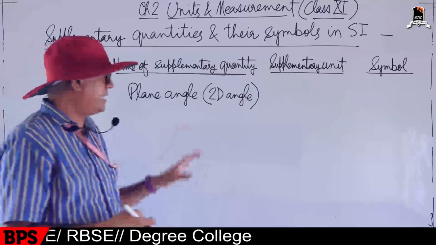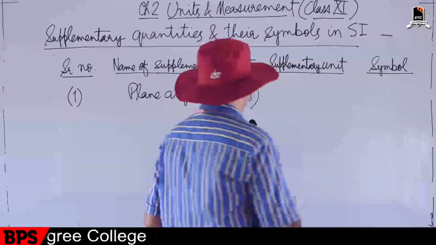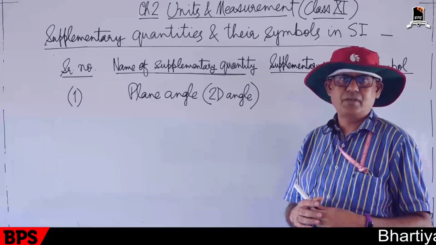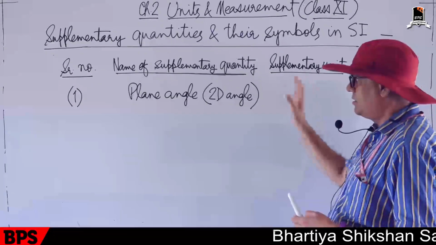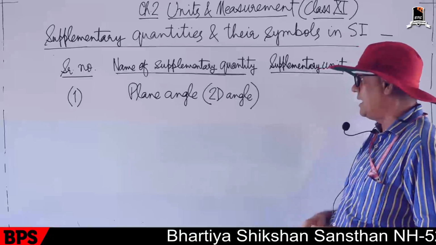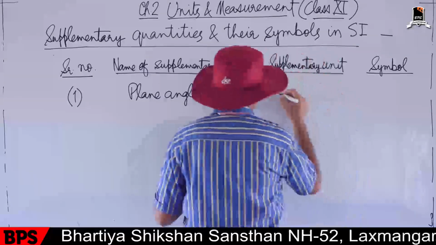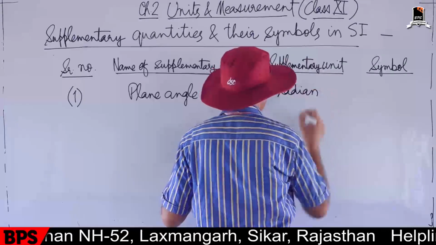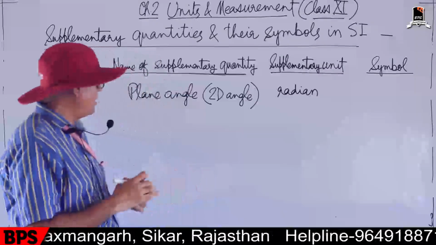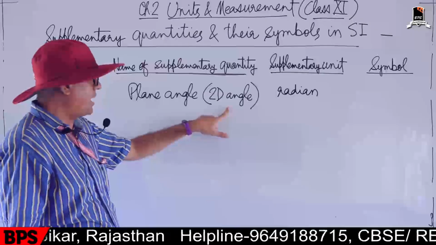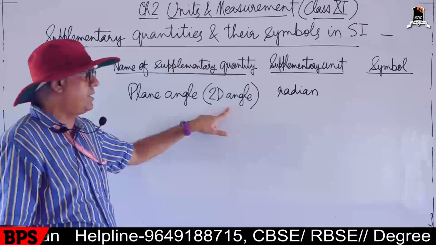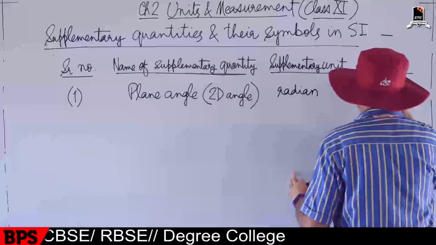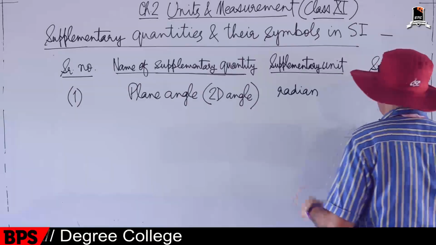etc. But here in the SI unit system, degree is not adopted as the unit of this plane angle or two-dimensional angle. Its name is radian. The unit name for this plane angle or two-dimensional angle supplementary quantity is radian, and its symbol is RAD.